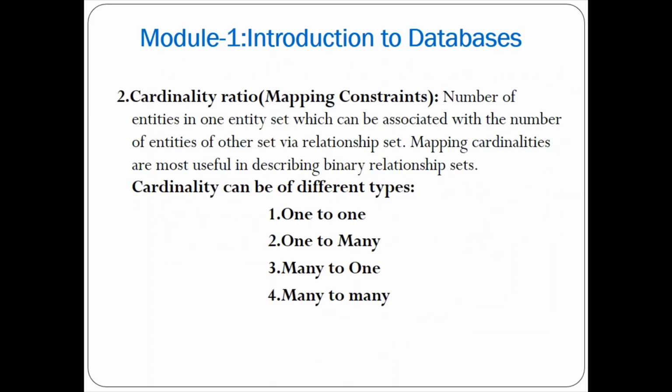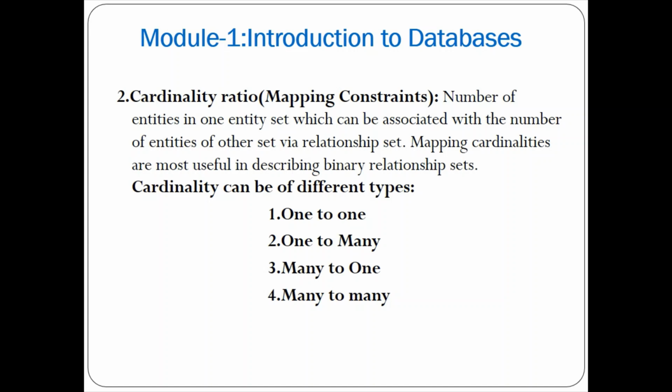Next topic is cardinality ratio. It is also called mapping constraints. What does it say? The number of entities in one entity set which can be associated with the number of entities of another set via a relationship set is called a mapping constraint or cardinality ratio.